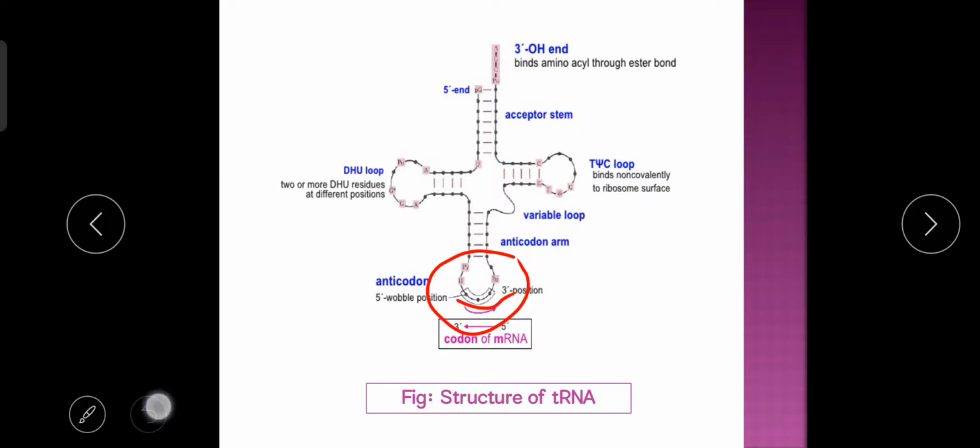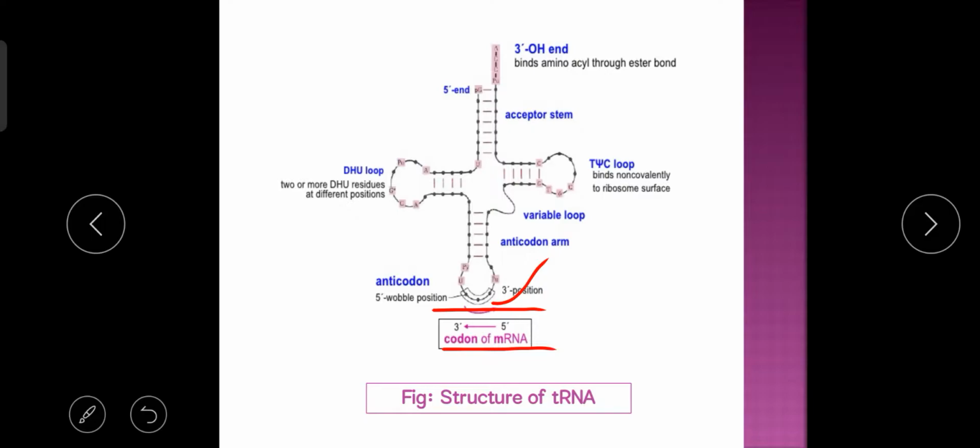This is 3' to 5'. This is the messenger RNA, and this is the anticodon loop of the transfer RNA, and it binds to the messenger RNA with the help of these 3 nitrogenous bases.